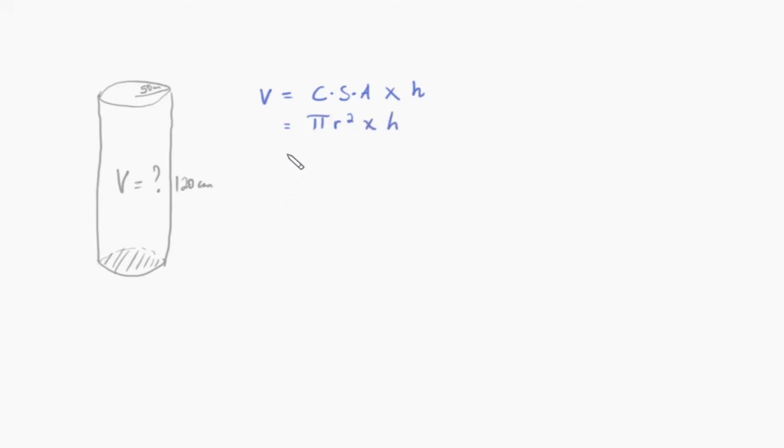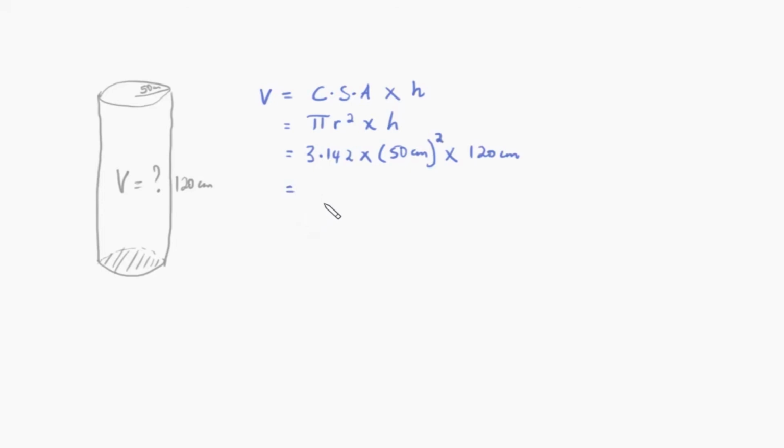Okay, so now our pi is going to be 3.142 times r, the radius, which is 50 centimeters. Then we square this because the formula says it's squared. Then multiplied by the height, which is 120 centimeters. Now let's square this 50 first.